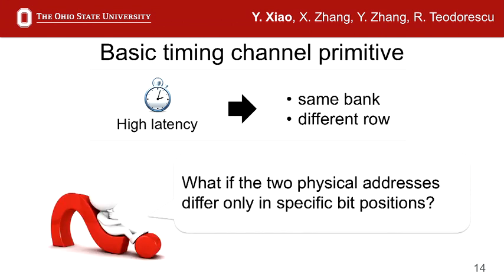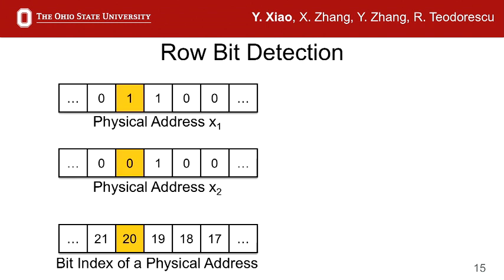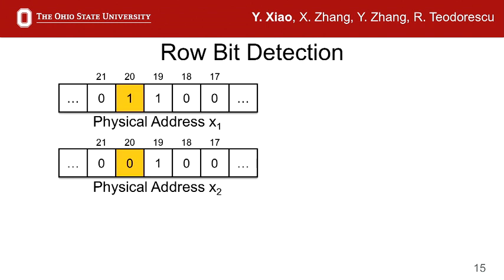So what can we infer when the 2 addresses differ only in specific bit positions? We can use the timing primitive to determine the physical address mapping, but we have to do it bit by bit. For example, we want to know what bit 20 is in charge of. We choose 2 physical addresses that differ only in bit 20, while the other bits are exactly the same. We read x1 and x2 in turn for a number of times.